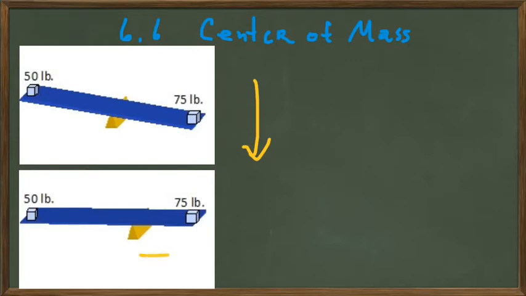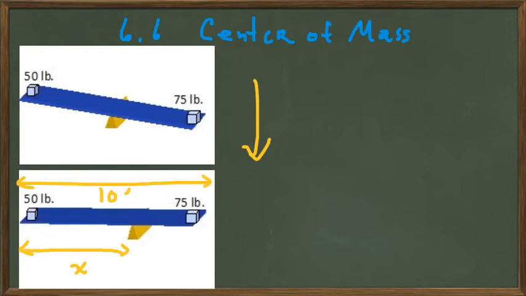So let's call this distance from the fulcrum, to be consistent with the book, x. The total length of this seesaw is 10 feet.